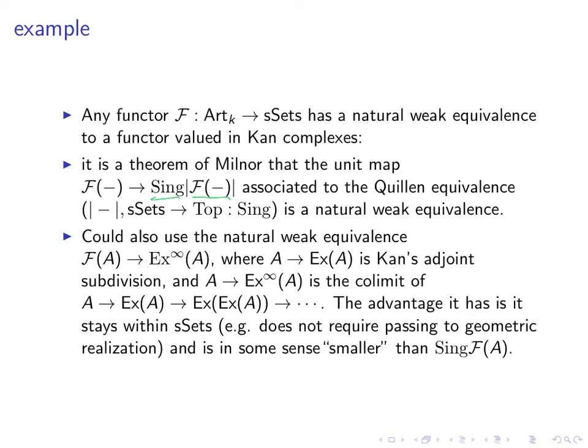The set of singular simplices is huge, so there's a somewhat smaller simplicial set that one can come up with. This is the second way, something called Kan's Ex functor, the adjoint of subdivision, and that's a functor from a simplicial set X to some other simplicial set, and you just keep repeating that functor, and that's what Ex infinity is.